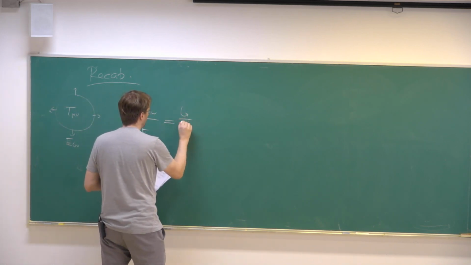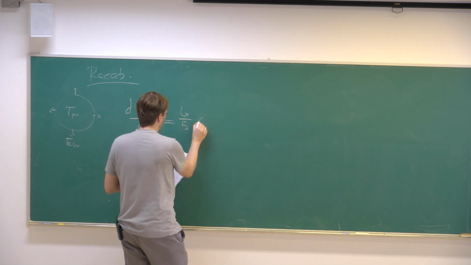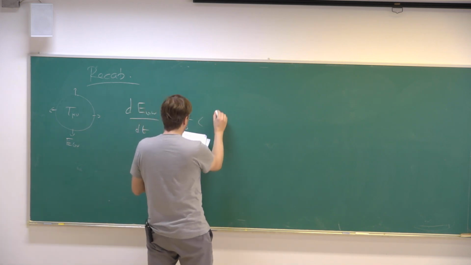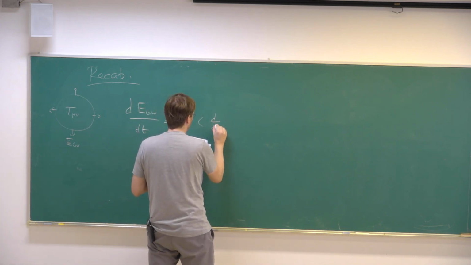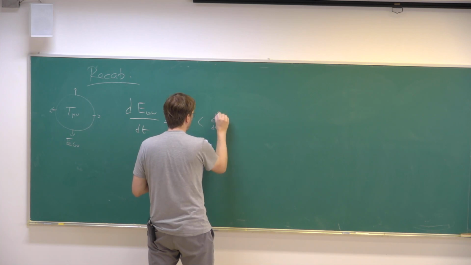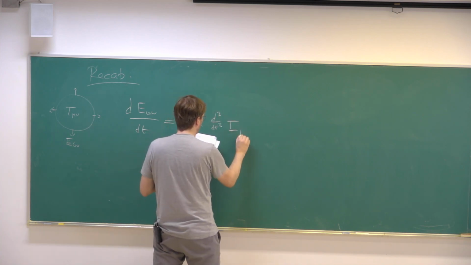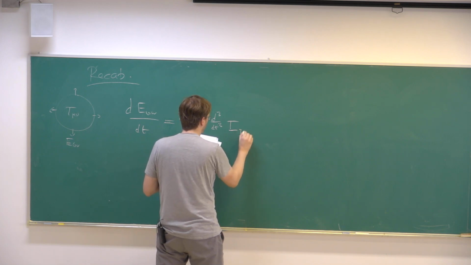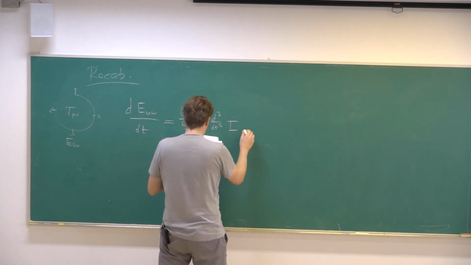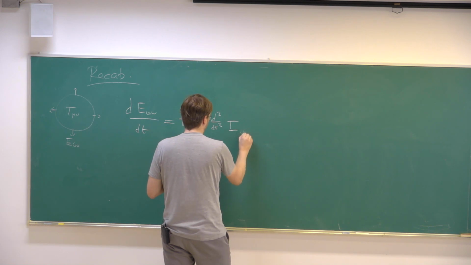this is Newton's constant, and then there's some kind of time average that doesn't really matter for us here. And then it's the third time derivative of the quadrupole moment squared.